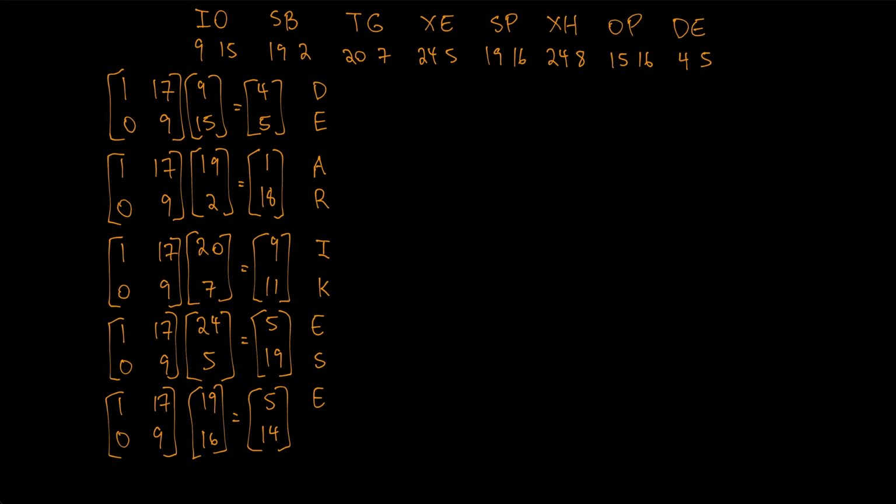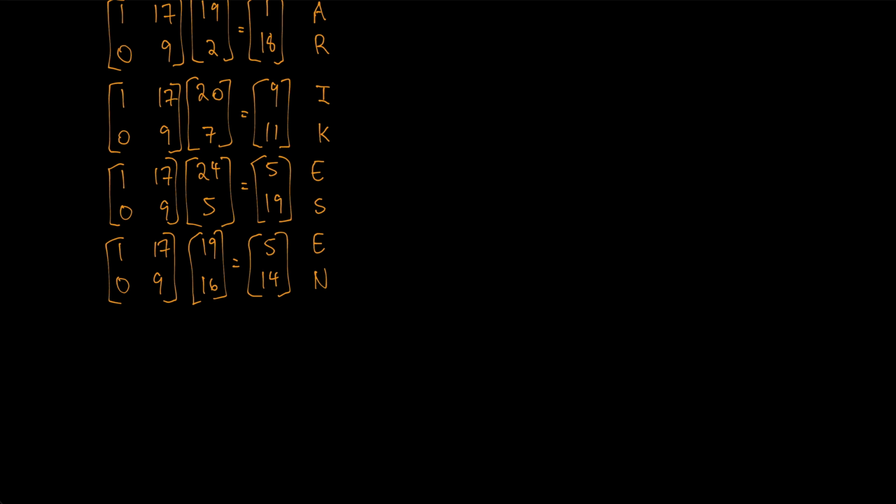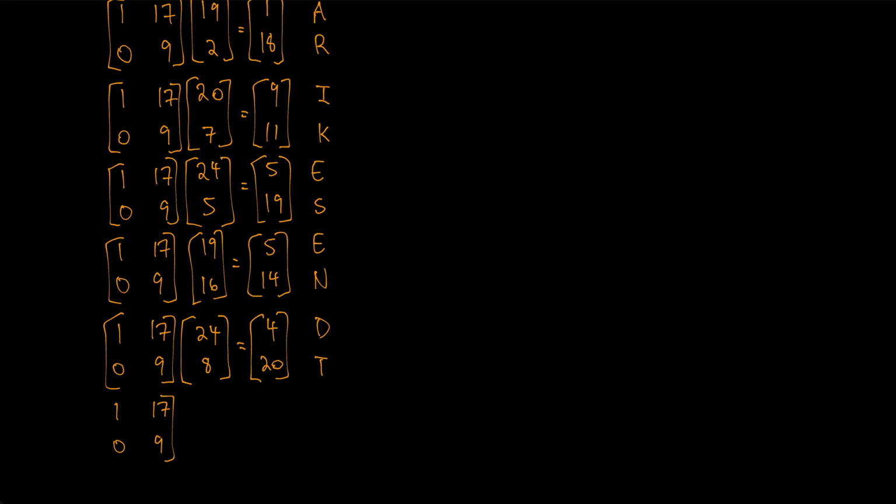So that's EN, and then 1, 17, 0, 9 times 24, 8 is 4, 20, which is DT. Then 1, 17, 0, 9 times 15, 16 is 1, 14, which is AN.